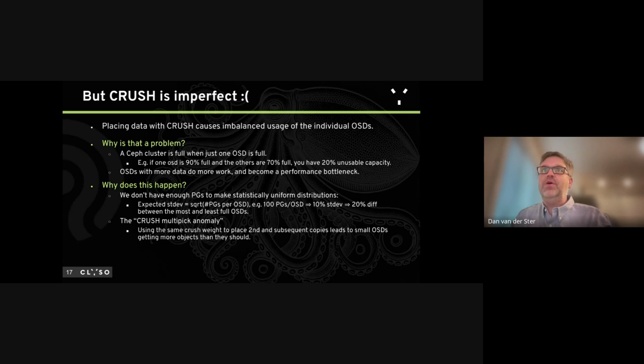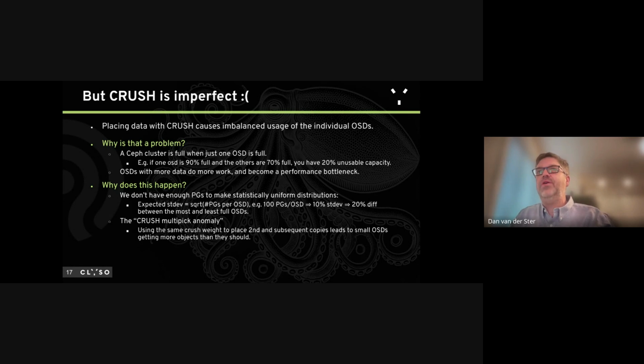There's also a small subtle issue in the way that we use the weights of OSDs in multiple rounds of choosing. Choose the first copy, okay, it's OSD 3. Choose the second copy, we use the same weight for all the other remaining OSDs. But if you have different Crush weights in the cluster, that's mathematically wrong, because the relative weights change for the second and third and subsequent picks.